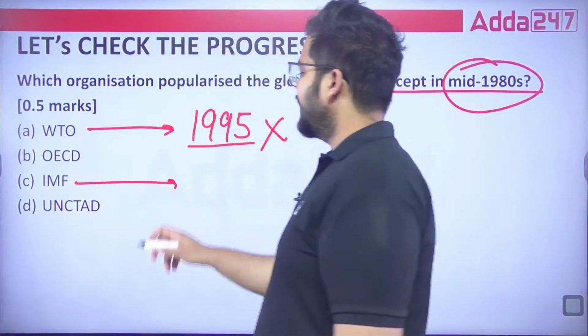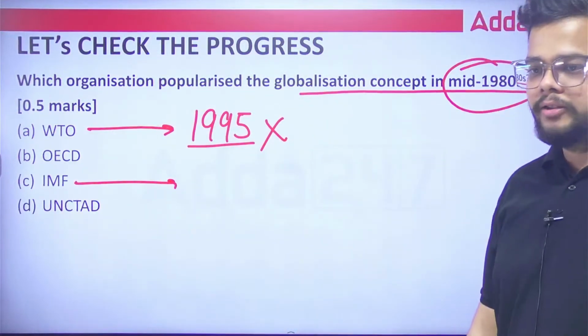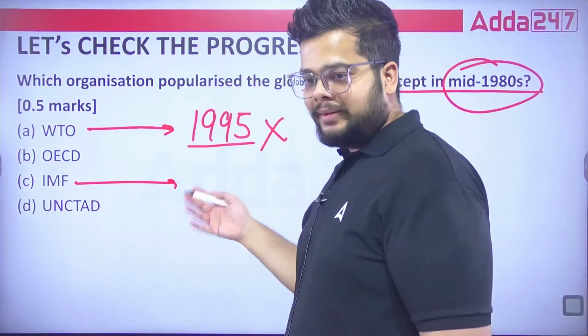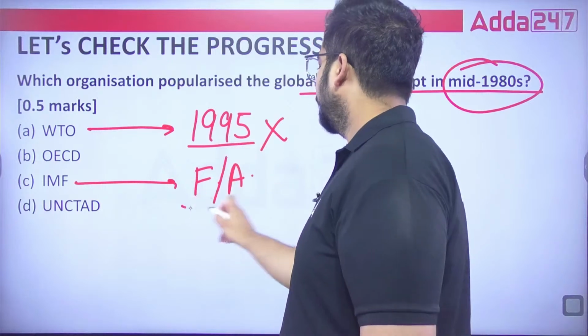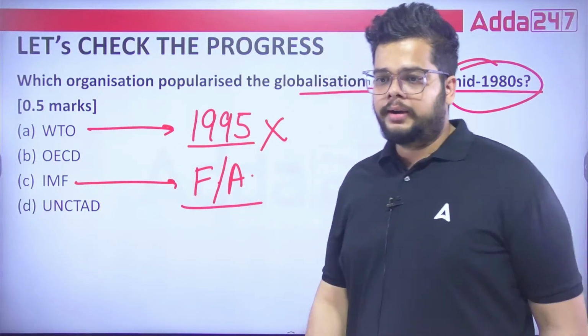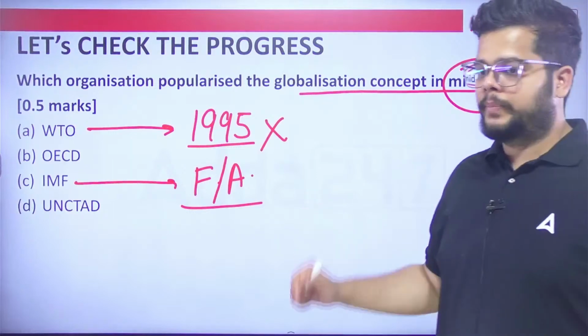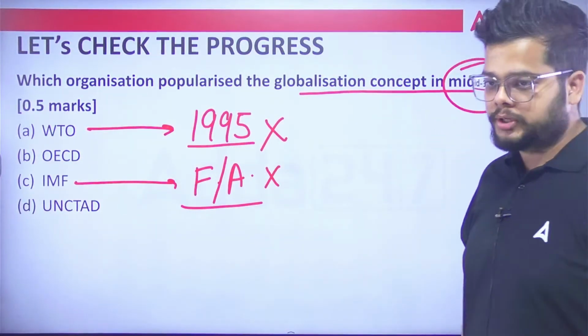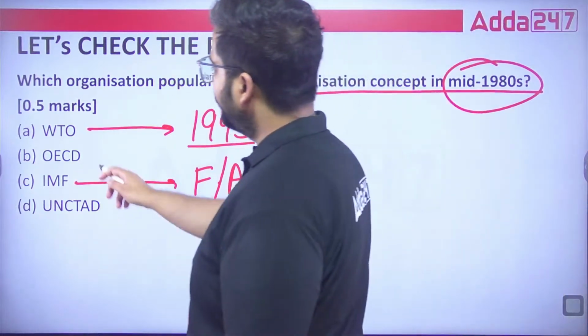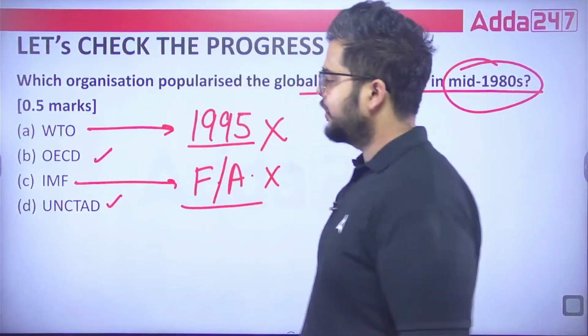When we move on to IMF, International Monetary Fund, it is basically for the funding, or you can say assistance, to the countries who require financial help. So this option is also gone. Option C. We are left with OECD and UNCTAD.